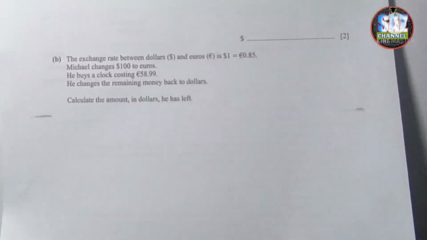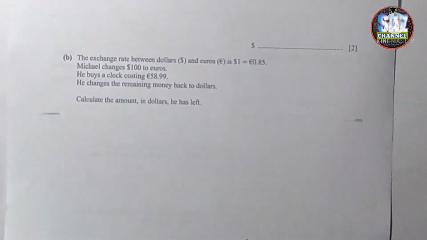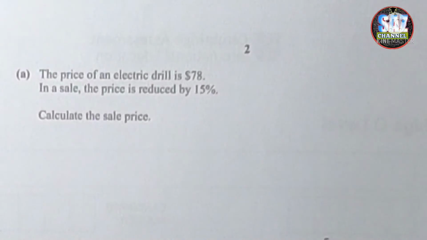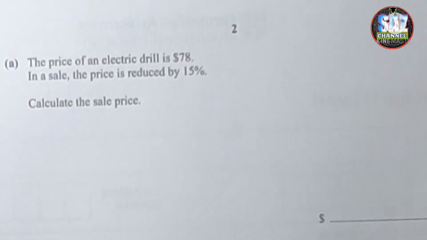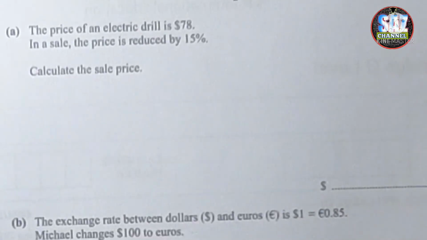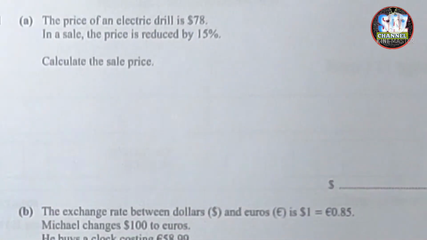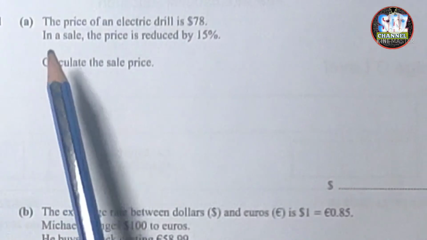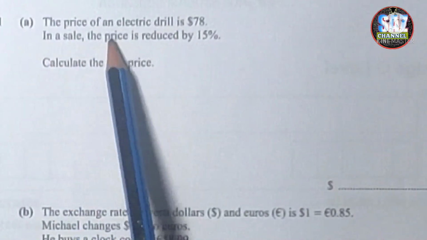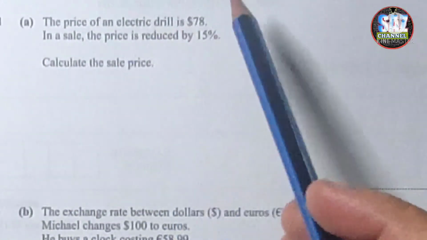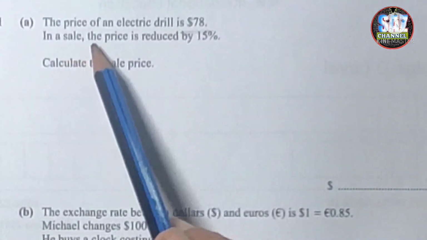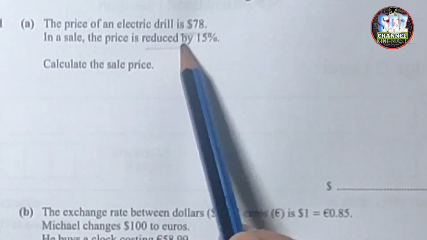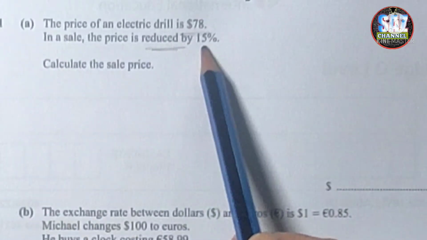Okay. First of all, it's important to read the question, understand and underline important terms of the question. If we look at the first question, the question says the price of an electric drill is $78. In a sale, the price is reduced by 15%, okay?